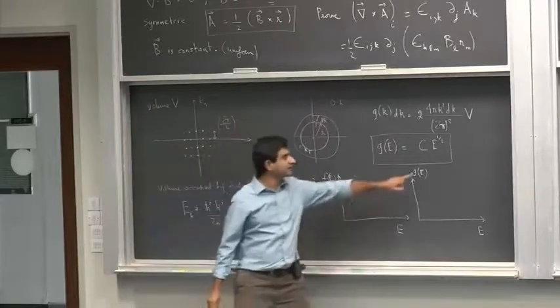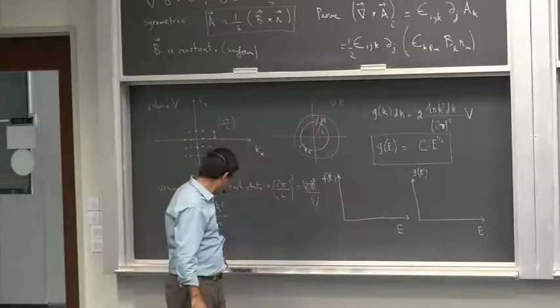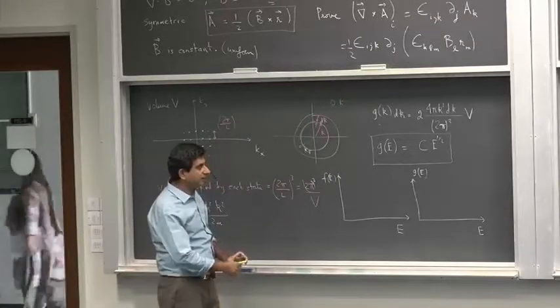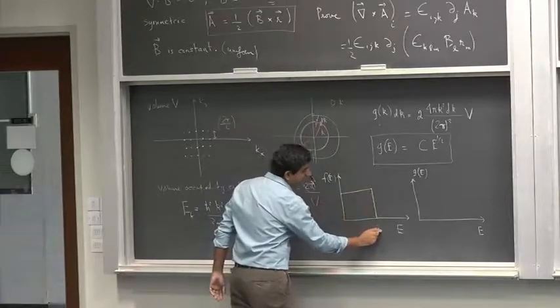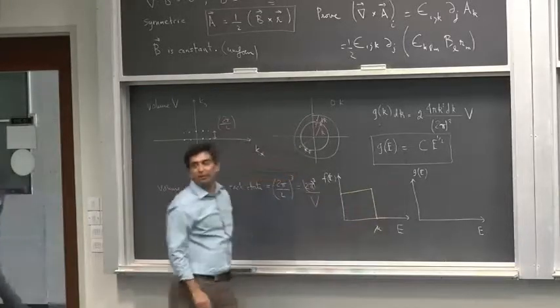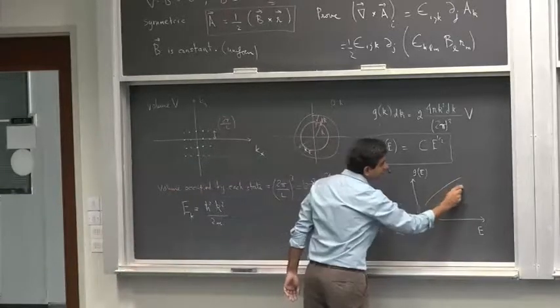For 3D solids this holds true. For 2D it's different, for 1D it's different. This you learn in solid state physics. So this is a step function with a discontinuity at the chemical potential. This thing is something that goes as a square root.